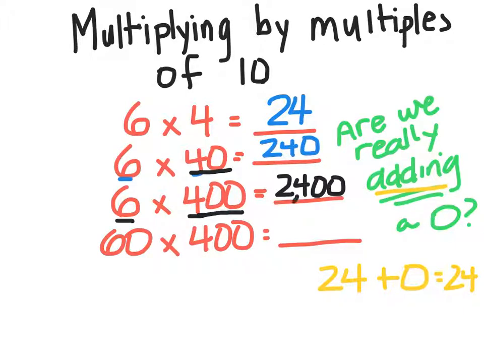Okay, now on this last one, you can look at it a couple different ways. You can look at it as 60 times 400, or you can look at it as 6 times 400, which you just told me was 2400.